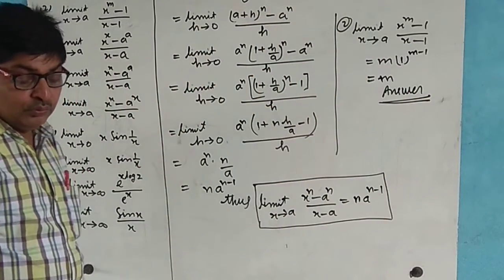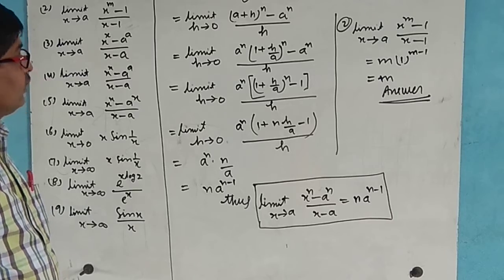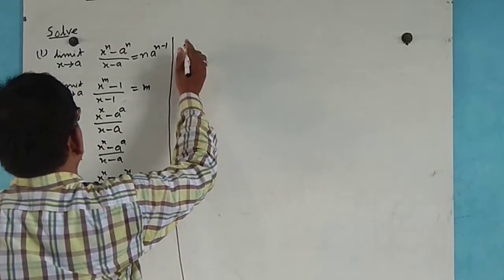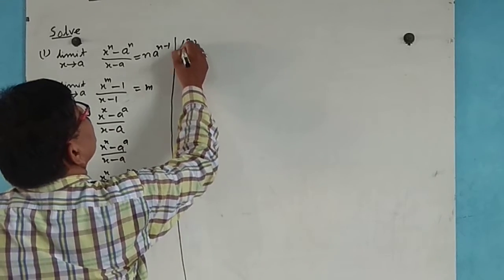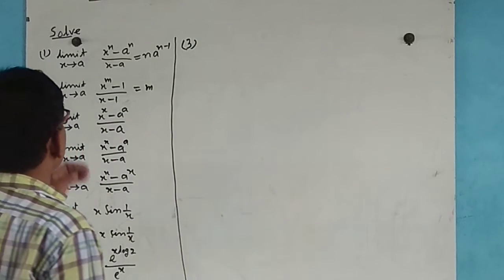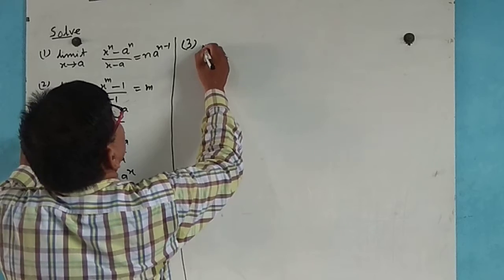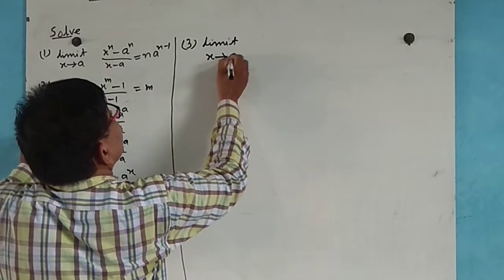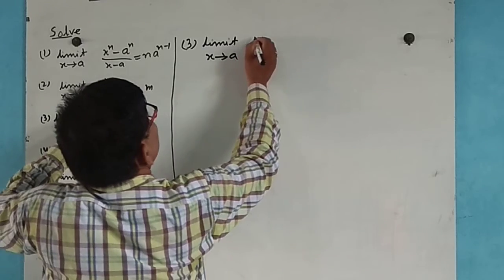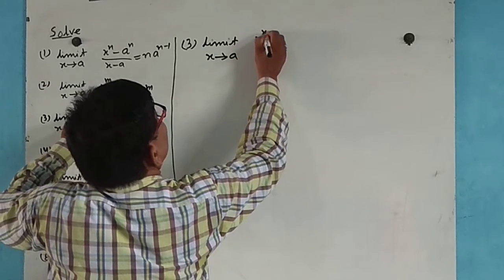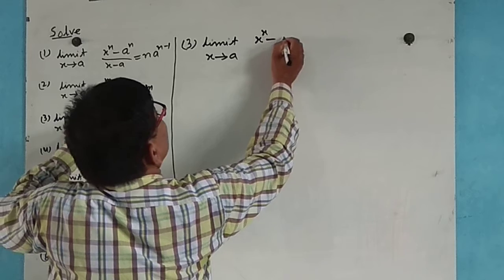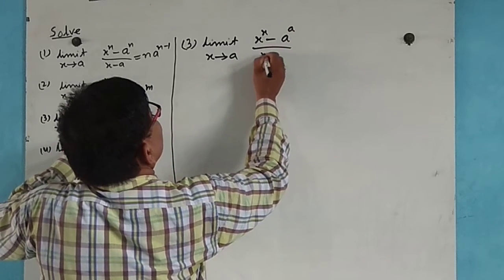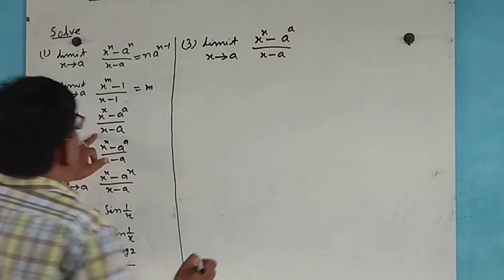Now we take the third problem. Limit x tends to a, x to the power x minus a to the power a divided by x minus a.